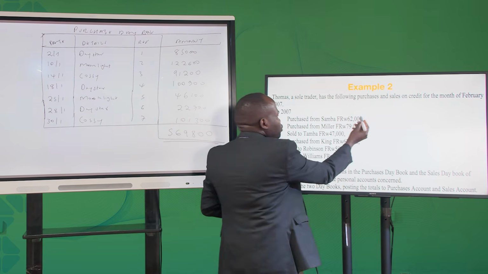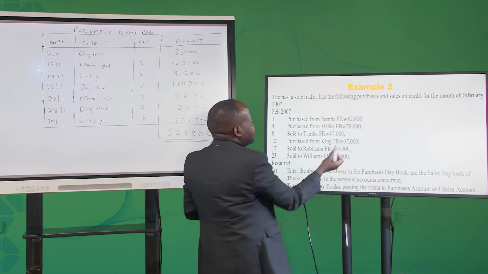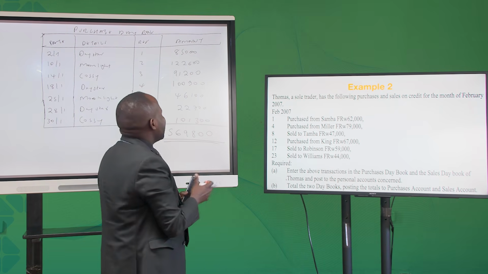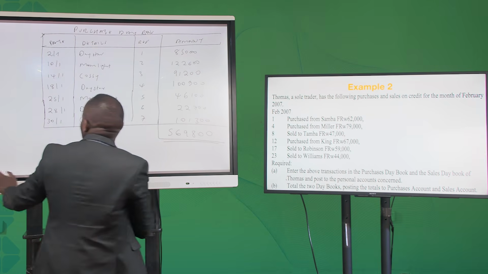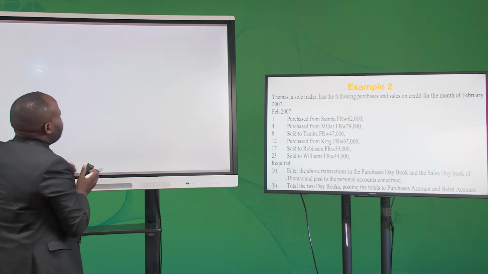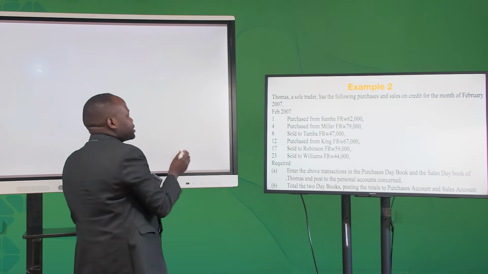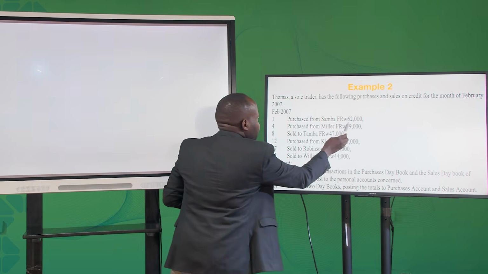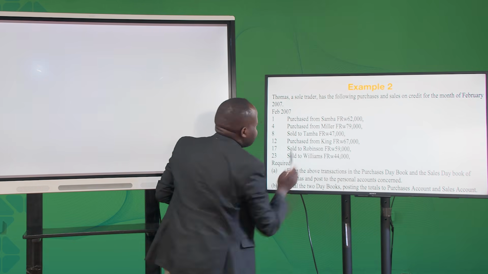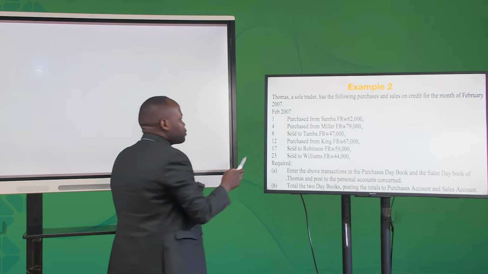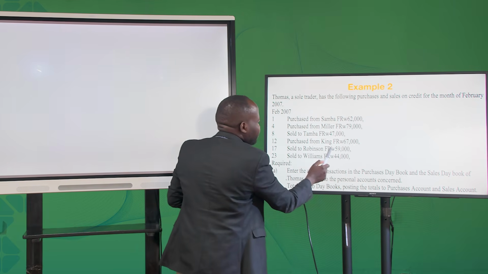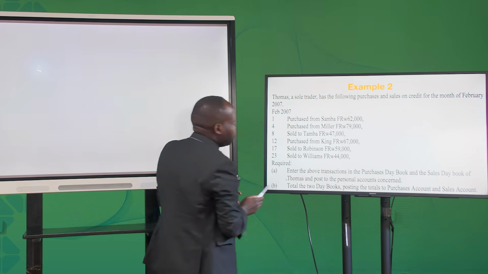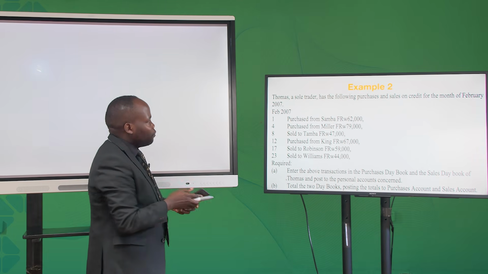So 62, 79, and 67. And then you get the total. You just follow exactly this format. So there will be a total for purchases. It will total up to 62 plus 79 plus 67. There will be a total for sales, which we had already looked at, 47, 59, and 44. And then you get the total of each case.